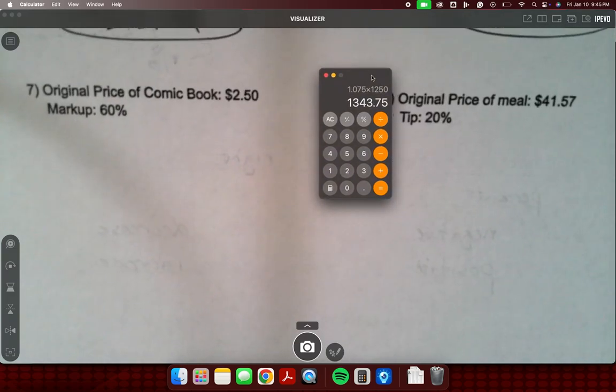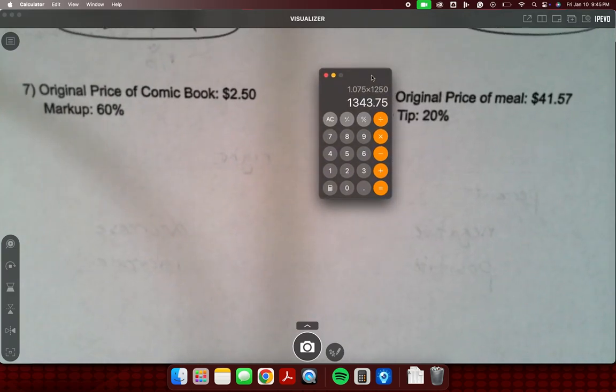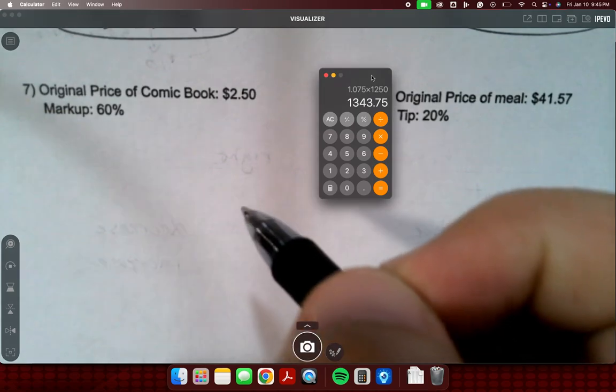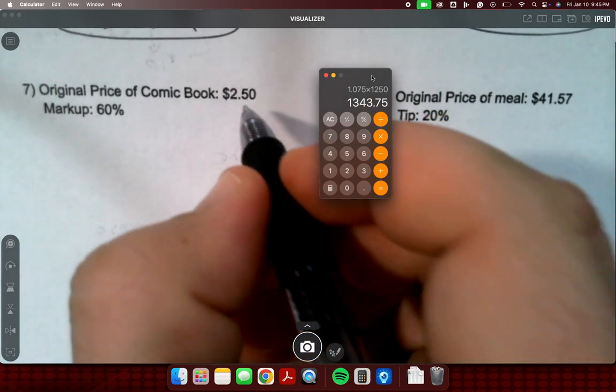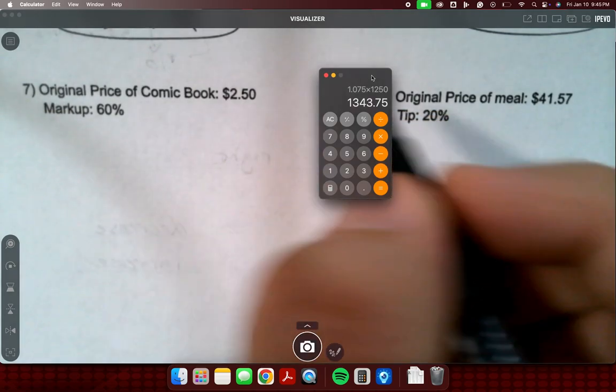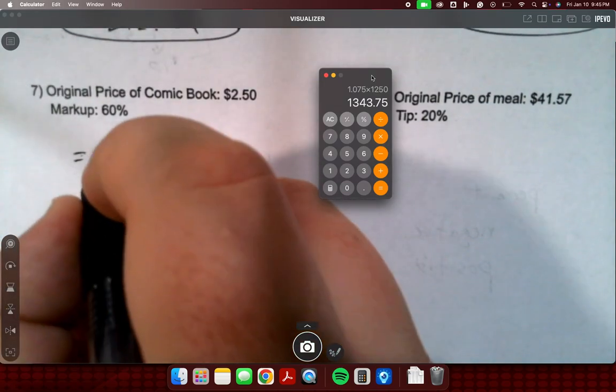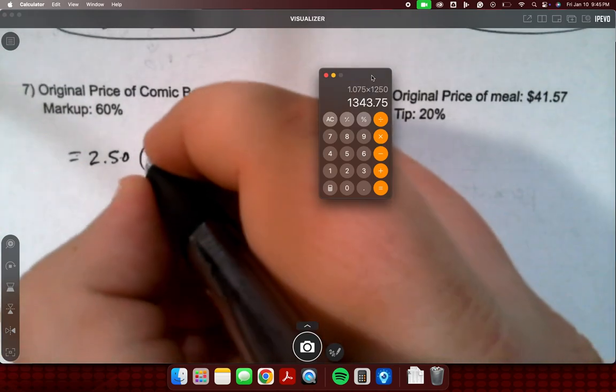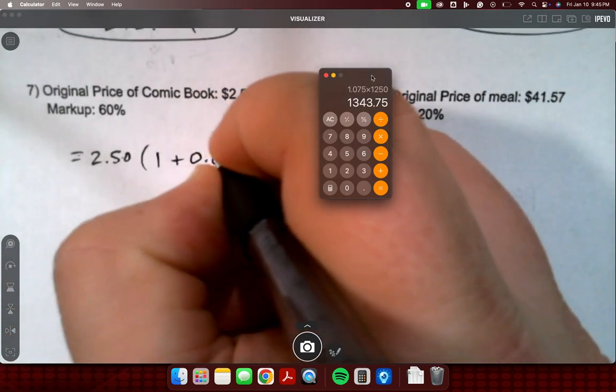Okay, this one, the original price of the comic book. In other words, when the comic book shop buys it from DC or Marvel or Image Comics or whatever other distributors there are, it costs the comic book store $2.50 to buy it from the publisher. So that's the original price. However, so they can make a profit, they mark it up 60%.